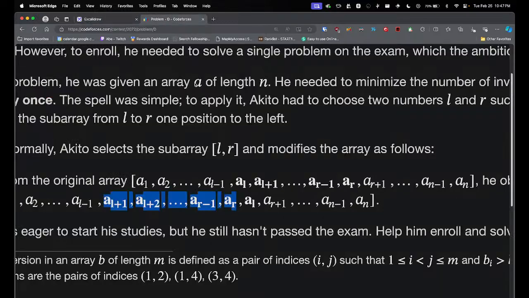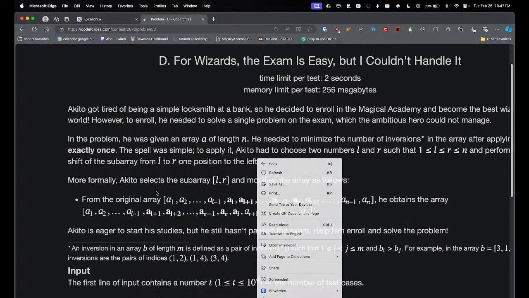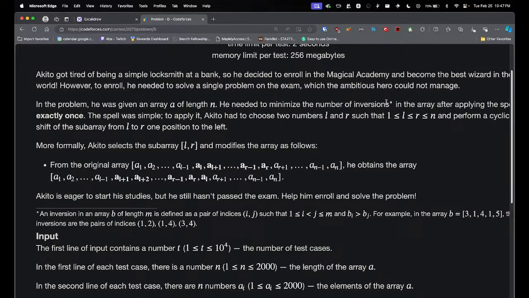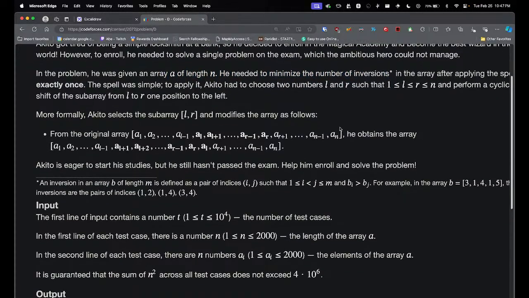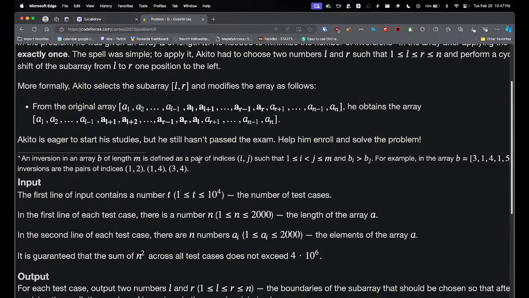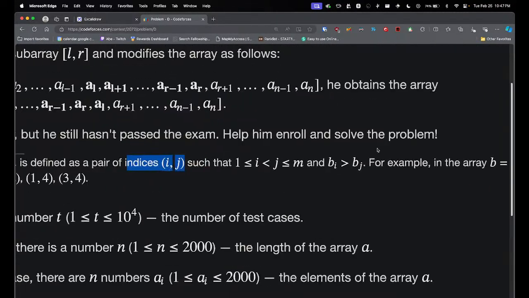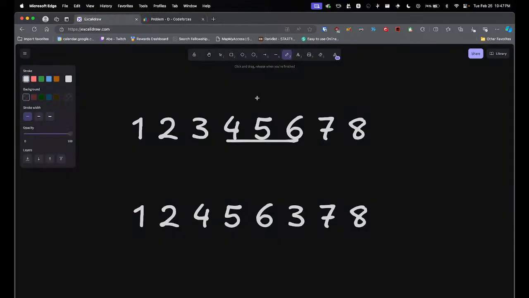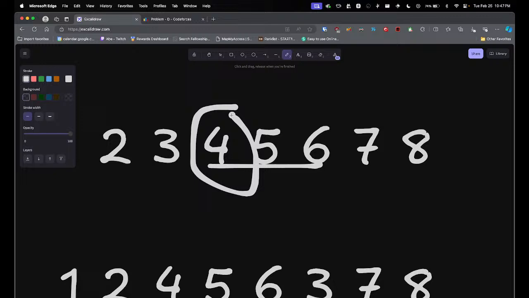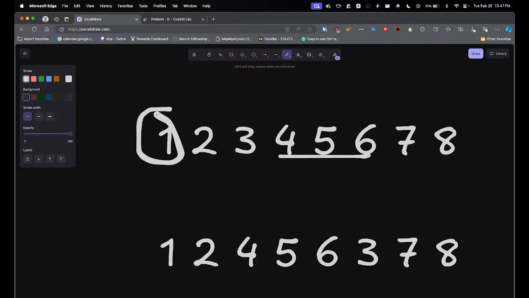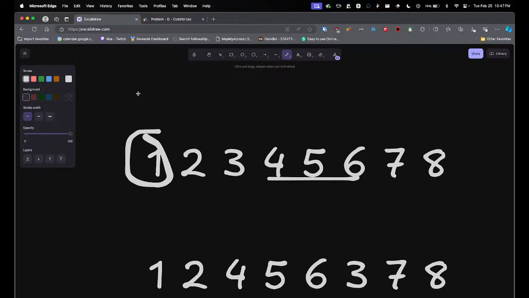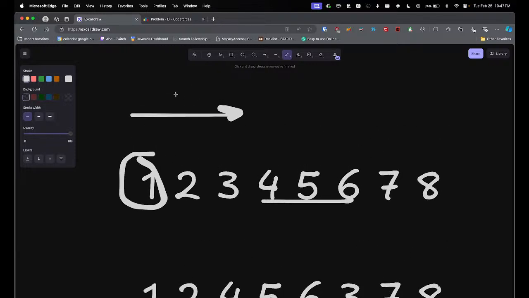Now what you want to do is minimize the number of inversions. What is the number of inversions? It is the number of pairs of indices i, j such that i is less than j and bi is greater than bj. In short, for every number, the inversions it is part of are in the future, whatever numbers are ahead of me.